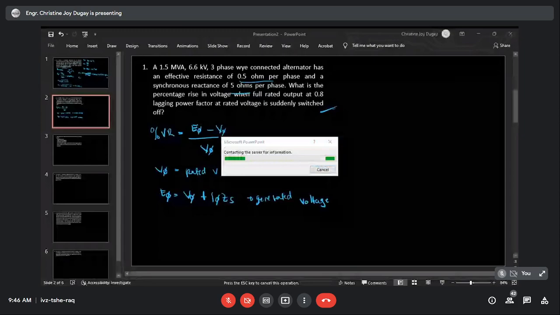Ayan, sa iba po, you may type to our chat box kung ilan pong value ng percent VR po natin, or that's the voltage regulation. Ayan, so nakikita po ba yung solution ni Mr. Miguel? Is it visible?